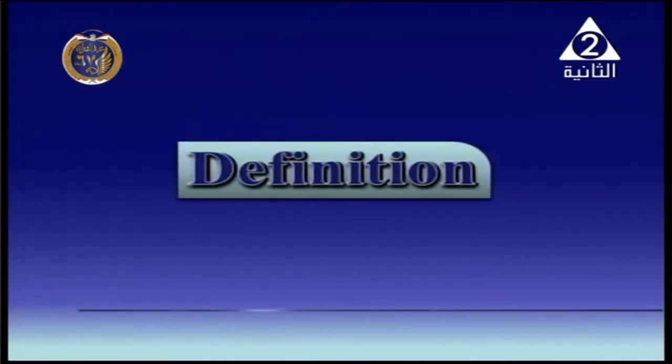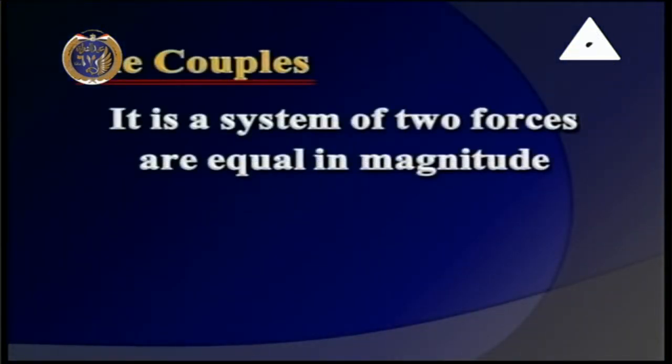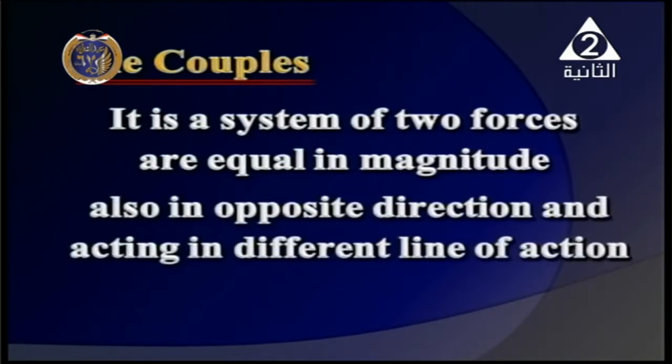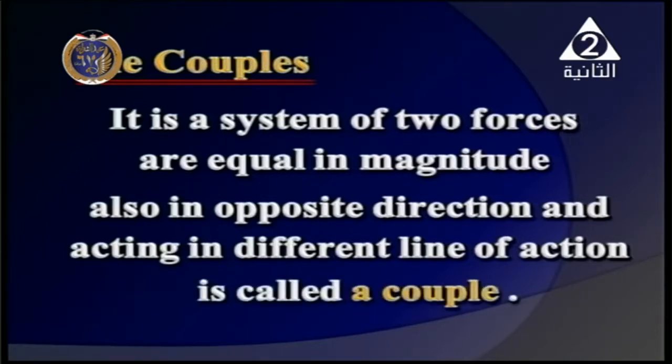What is the couple? It's a system of two forces equal in magnitude, opposite in direction, and acting in different lines of action. My dear student, a system of two forces equal in magnitude, opposite in direction, and acting in different lines of action is called a couple.